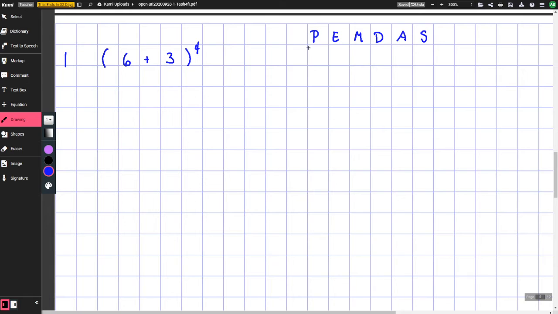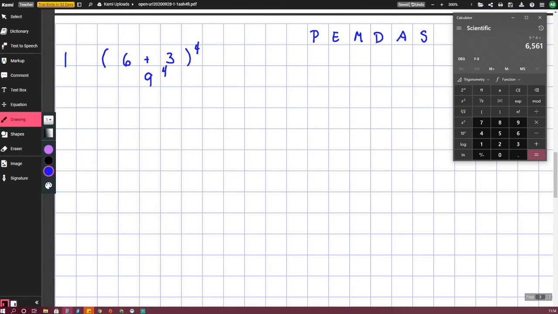I have to do parentheses first. In my parentheses I have 6 plus 3. Well, that becomes 9. And then I'm going to bring down the 4 exponent. Next I have to do exponents, so 9 to the 4th power. I'm not too good with exponents, so I'm going to pull up my calculator.